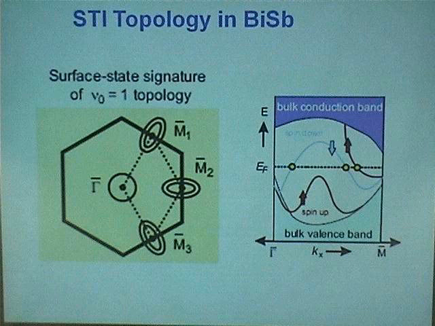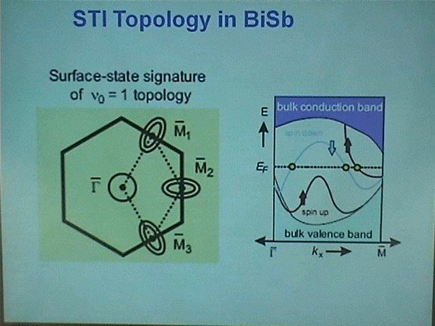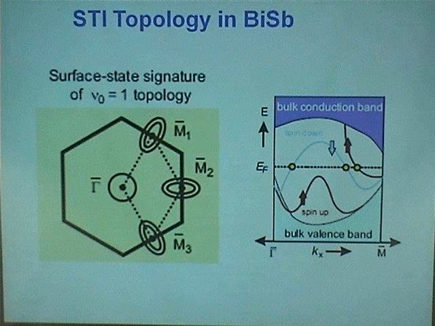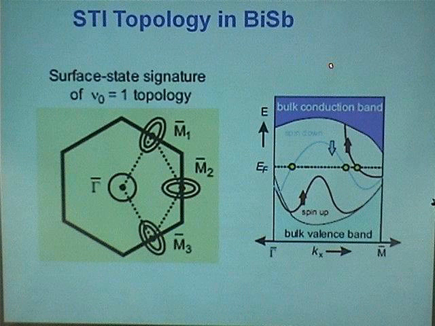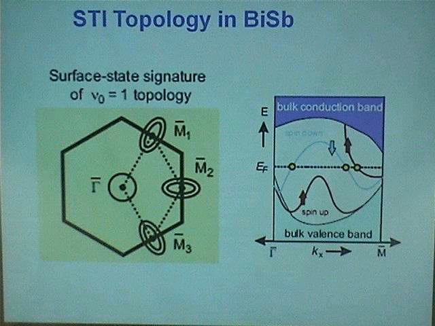Okay. So now, out of 5, I'm down to 3. And I also know the spin information. And the rest I rely on is very basic fundamental physics: that Kramers' theorem is right, and bands do not stop in the middle of the gap or something. So I have only 2 possibilities. For spin up, this state 1, one possibility is that this band goes up and hits the conduction band.